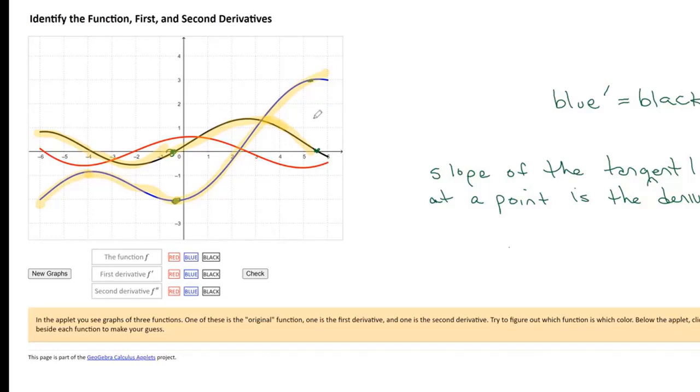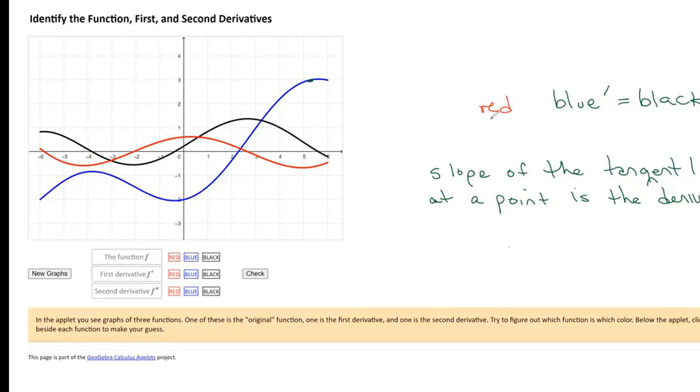And that's why it becomes negative. So I'm positive that we got that right. Now we have to figure out where red goes. Red's either going to go on this side or on this side, right? Either the derivative of red is blue or the derivative of black is red. I only have 2 choices.